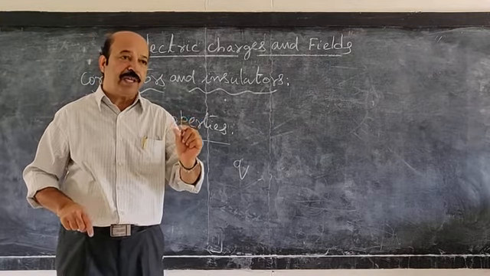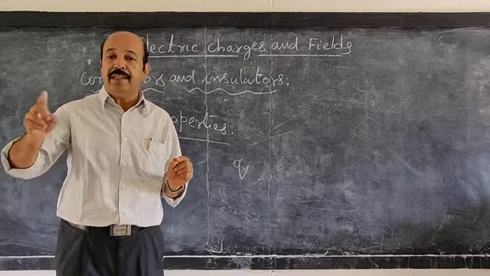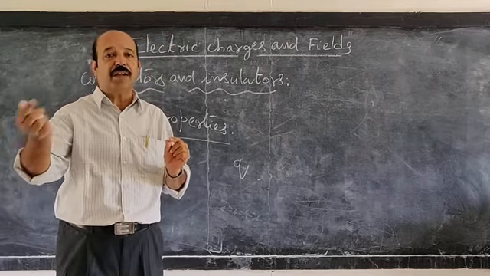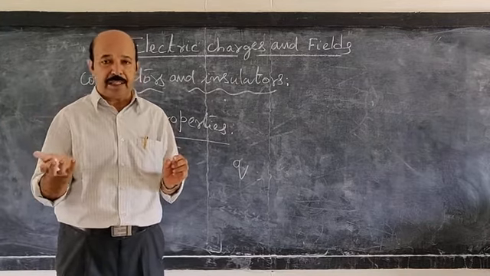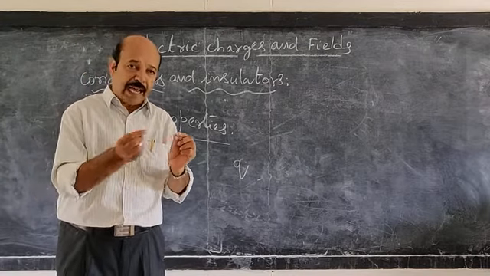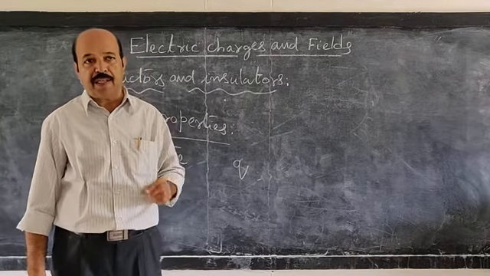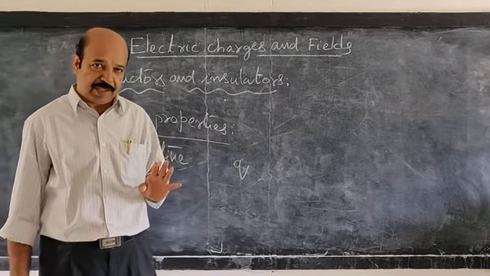So if the object size is very much less when compared to the distances at which you are trying to find its effect, that is, distances are far greater than the actual size of the charged body, such bodies are called point charges.